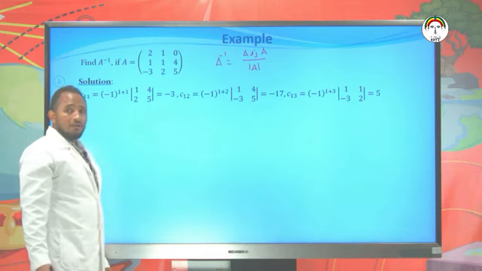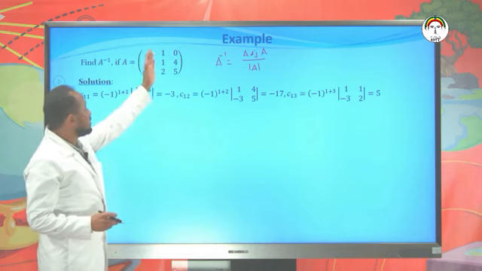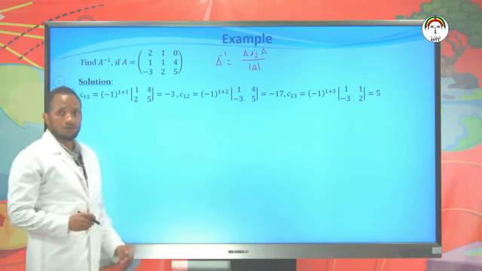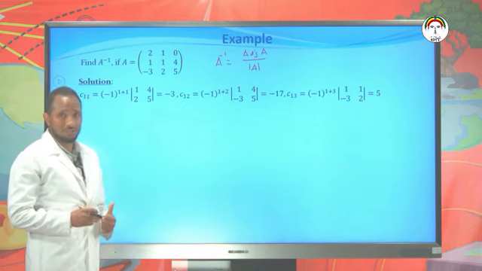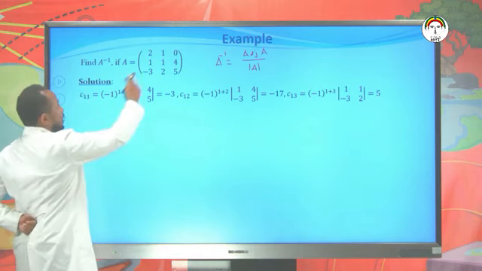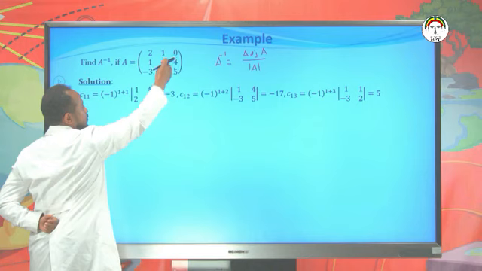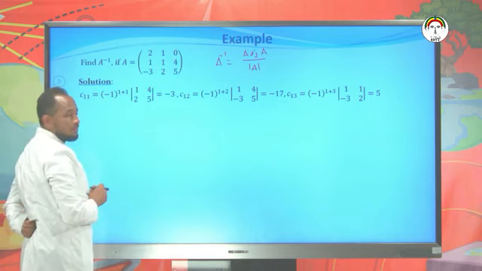Now, to find the adjoint, we need to find the cofactors of each entry. So that will give us the cofactor matrix. Let's find that. Therefore here C11: you cancel these two, you get the determinant of 1, 2, 4, 5, times negative 1 to the power of 1 plus 1.